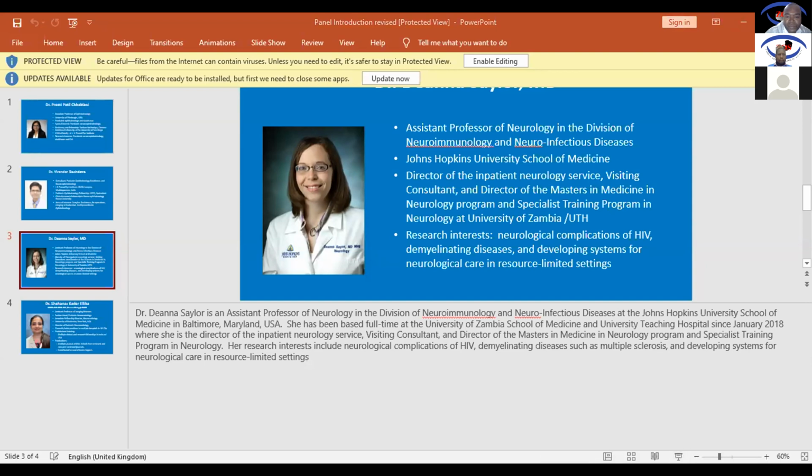Can you see it now? Yes, we can see it, but it's not yet on slideshow. Is that better?